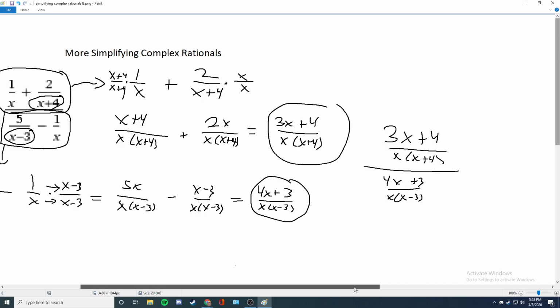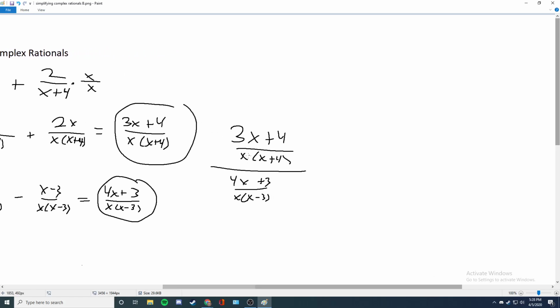Alright, so now, since we're dividing a fraction by another fraction, we can make it look a little bit more simple by taking the numerator, 3x plus 4 over x times x plus 4, and multiplying it to the denominator flipped over. So x times x minus 3 over 4x plus 3.